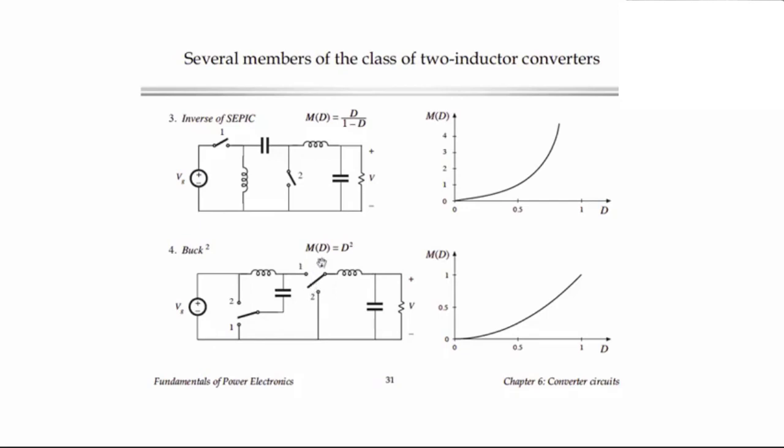We can get quadratic conversion ratios that have other functions such as buck boost squared or other types of conversion ratios by some of the members of this class. So there are some very interesting and exotic conversion ratios that are possible. In general, if you have an arbitrary number of inductors and switches we can build, there are an infinite number of converters that are possible, and in this universe of converters there are many different and unusual functions of duty cycle, and some of these can have practical applications.